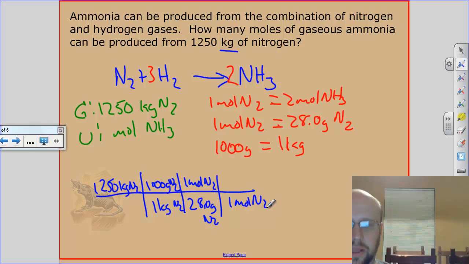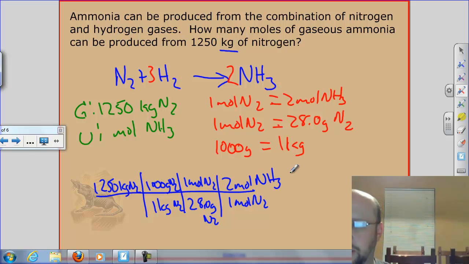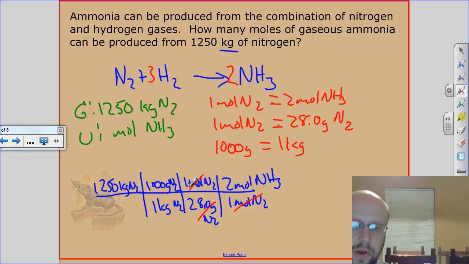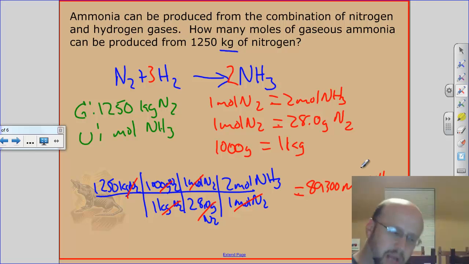Now, again, the kind of weird thing here is that the mole ratio is the last thing we use. But that's okay. Everything is still going to work out the good old normal way. Okay? Cancel what cancels. Moles of N2, grams of N2, kilograms of N2, left with moles of NH3, which is what we want. Okay? And once you plug that into your calculator and do sig figs, it's going to be 89,300 moles.